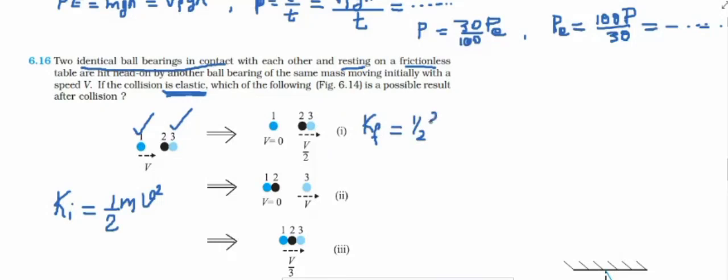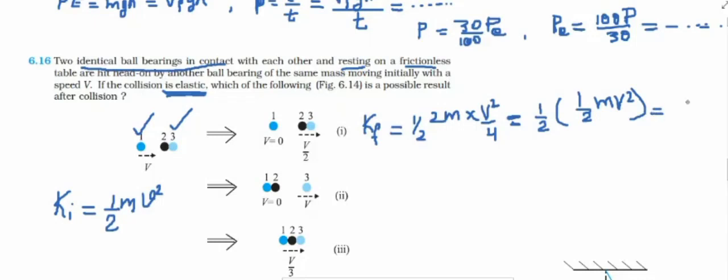So for 2 balls the mass is 2m, into velocity v square by 4. So you will get the answer, 1 by 2 into half m v square.